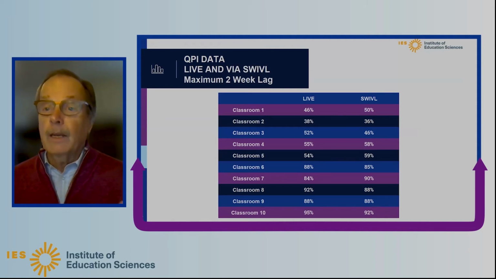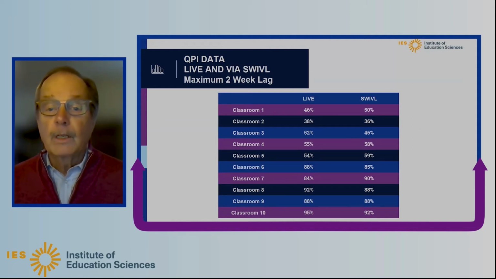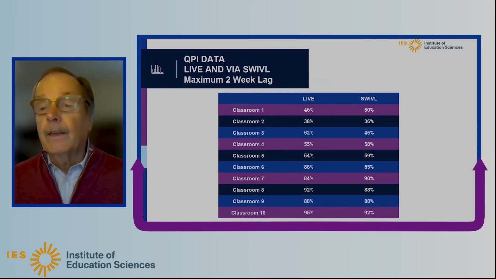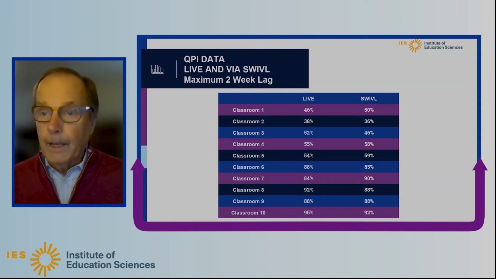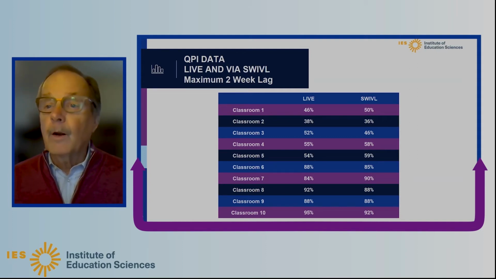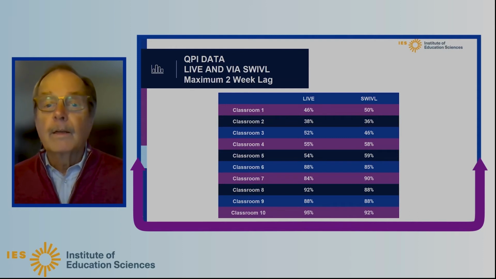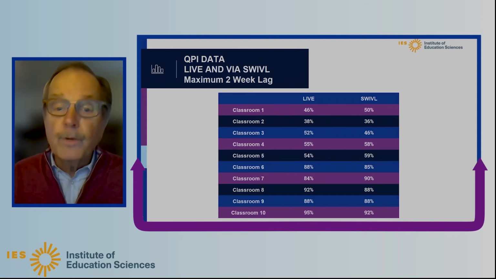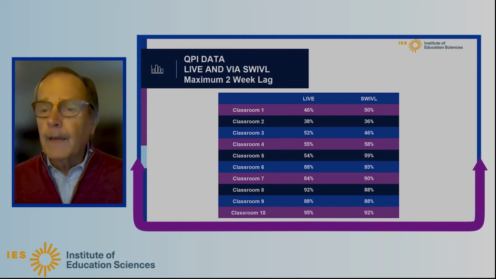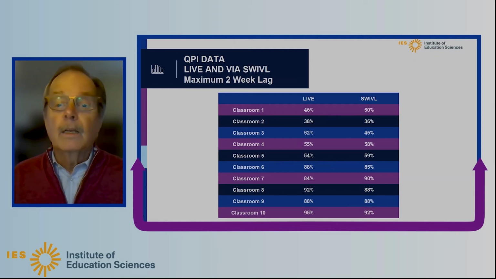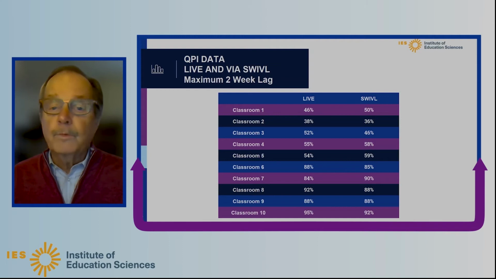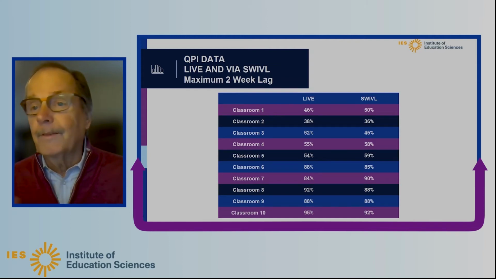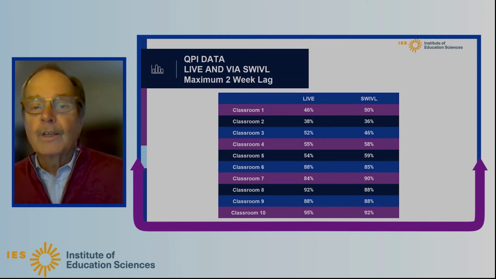They had maintained over long periods of time, and it's reflective, I believe you may conclude, from their QPI data, both live and using Swivel. And as you can see here, again, there's remarkable consistency within classrooms, no matter what the alternative was, whether it's live or Swivel.